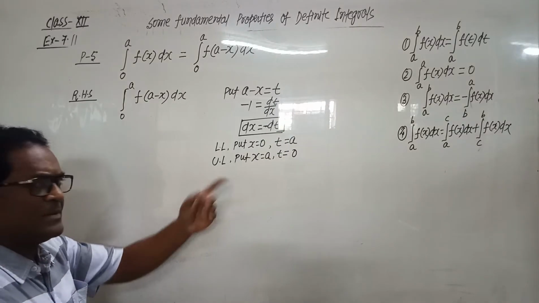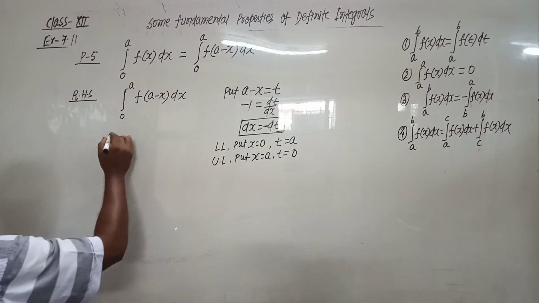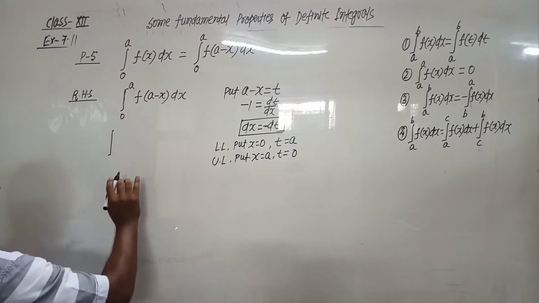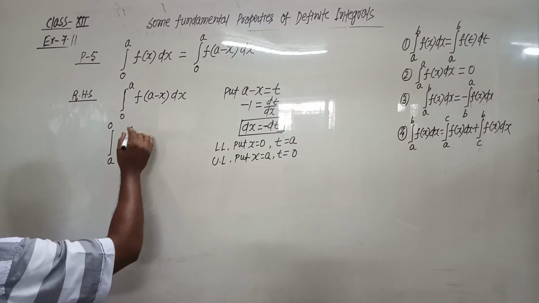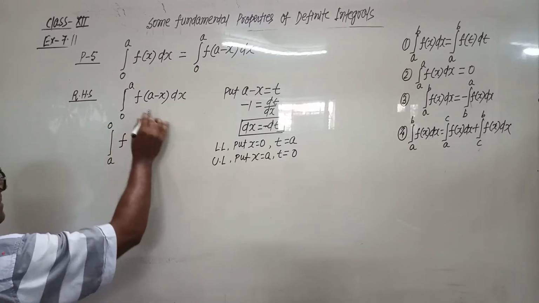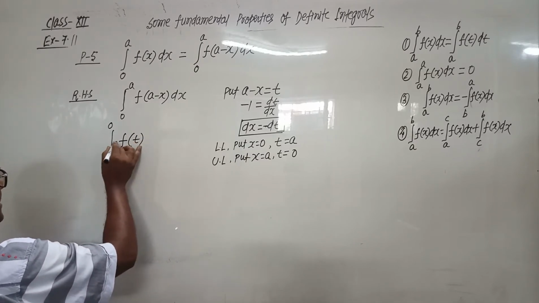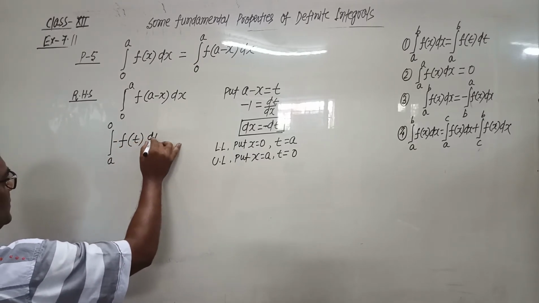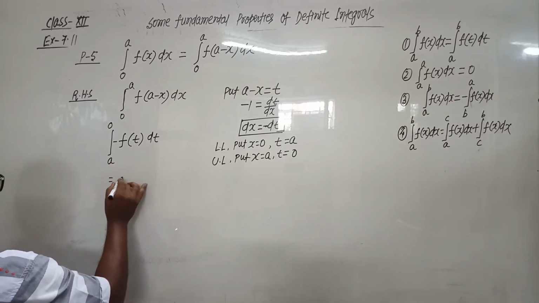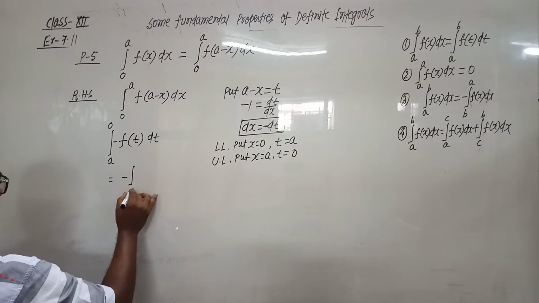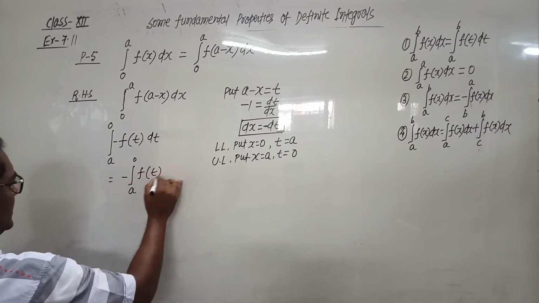So the lower limit becomes a and the upper limit becomes 0. f(a minus x) is written as f(t) and dx is written as minus dt. So the minus comes outside: minus integration from a to 0 of f(t) dt.